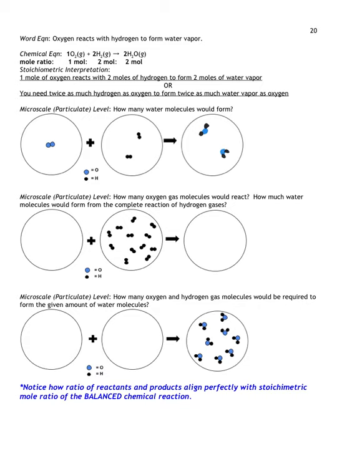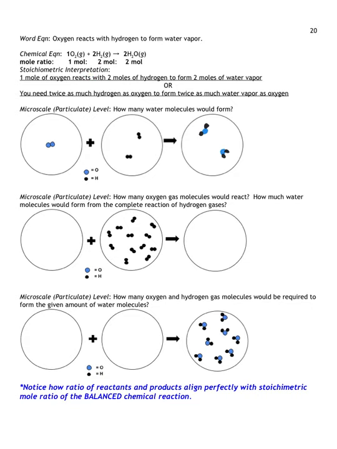On a microscale level, it asks how many oxygen molecules would react with what's given to us. And what's given to us is a count of 1, 2, 3, 4, 5, 6, 7, 8, 9, 10, 11, 12. There are 12 hydrogen molecules here. So how much oxygen would react with that 12? Well, half. We know half because it's a 2-to-1 ratio here.